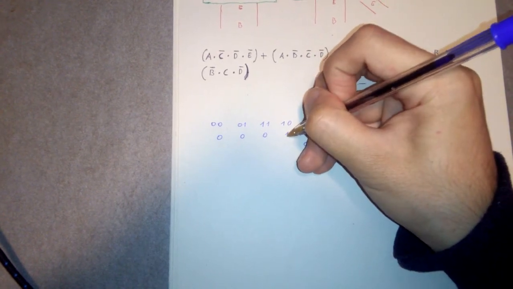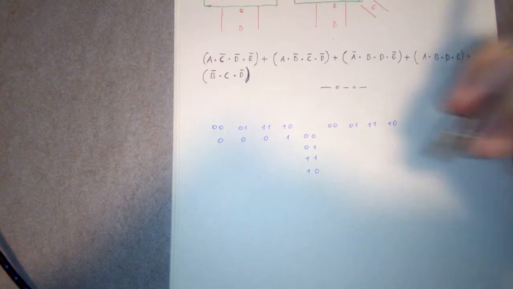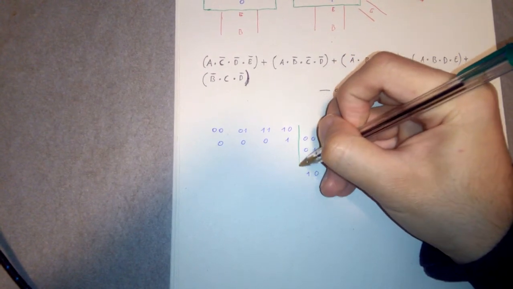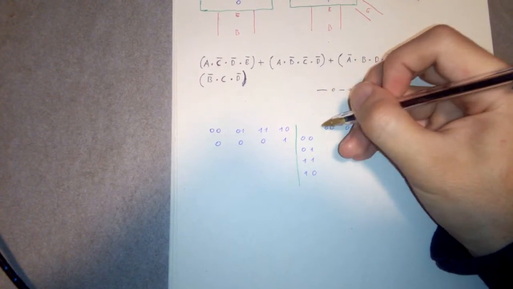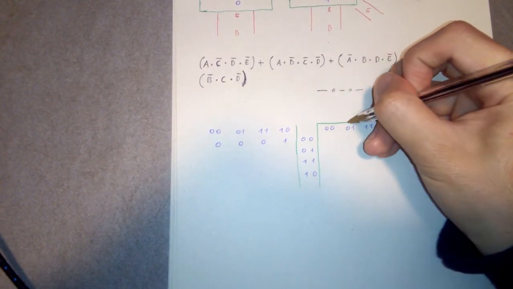0, 1, 0. Well, before I insert the entries, let me just make the structure for the map. Otherwise, it's going to be messy.